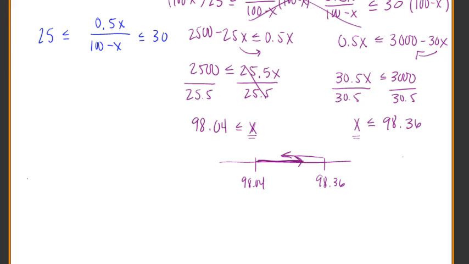Okay, so to answer the question, it asks specifically what is the range of pollutants that could be expected to be removed. So let me write this out in a sentence.